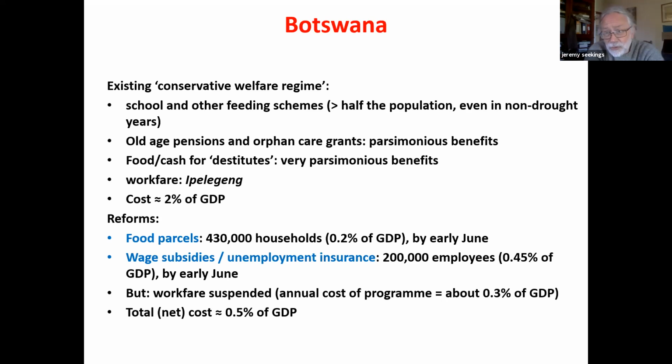So overall, Botswana probably spent about 0.5% of GDP net more than it did before. So this is a medium-sized system pre-COVID, which had a medium-sized expansion along fairly historical pre-existing lines with COVID.